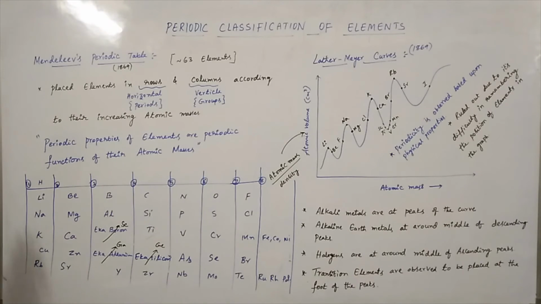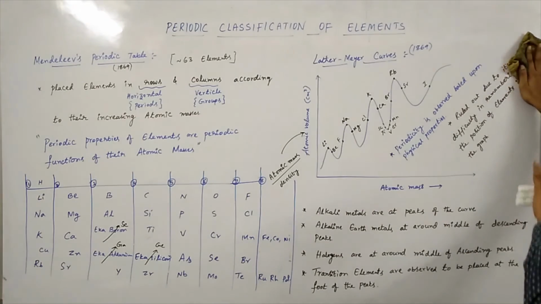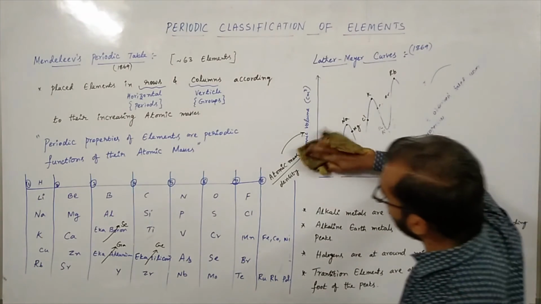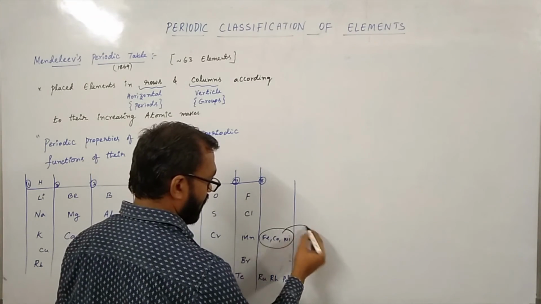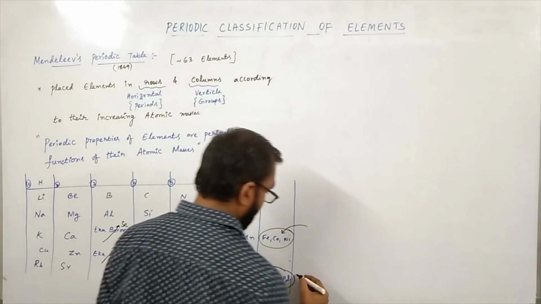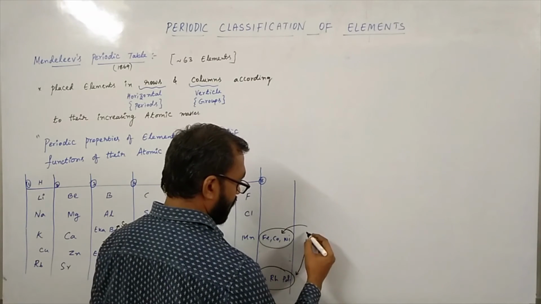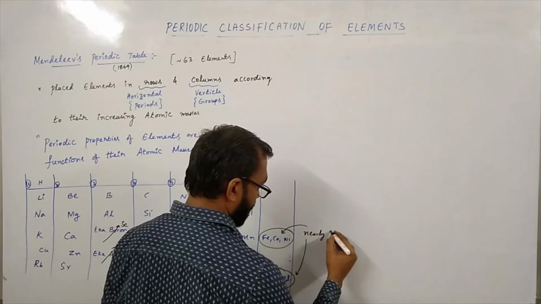So the problem in this table is he placed all metals, non-metals, metalloids, all in the same column. So he has not separated metals and non-metals. Why are these three elements placed together as a set in the same 8th column? Because they have nearly the same atomic mass.